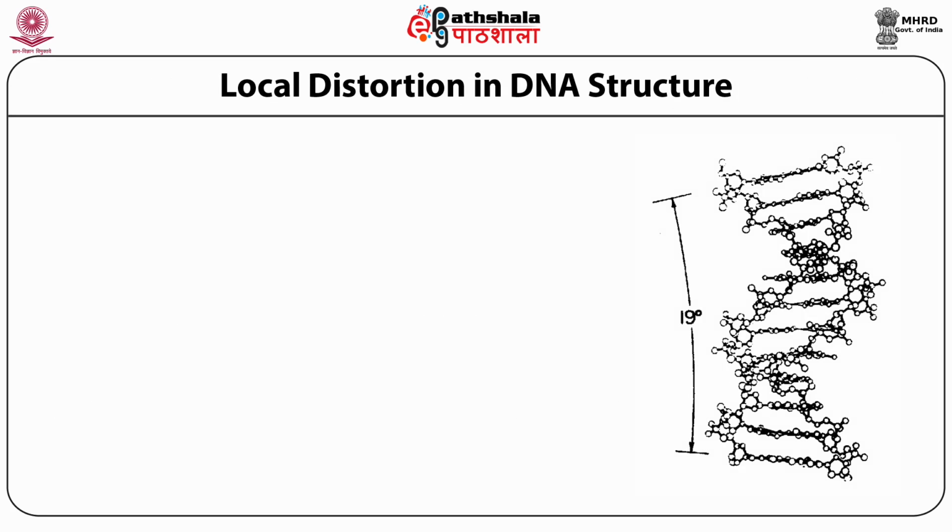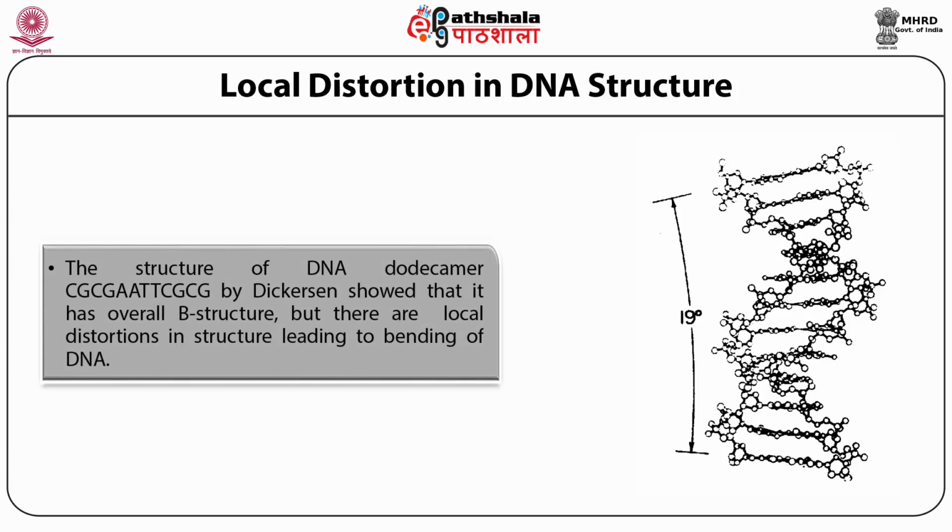Local distortion in DNA structure. In addition to the polymorphic changes, which are the structural changes of the whole polymer, the DNA molecule, based upon the base sequence, has local distortions. This was first noted by Dickerson's group for a DNA dodecamer CGCGAATTCGCG.